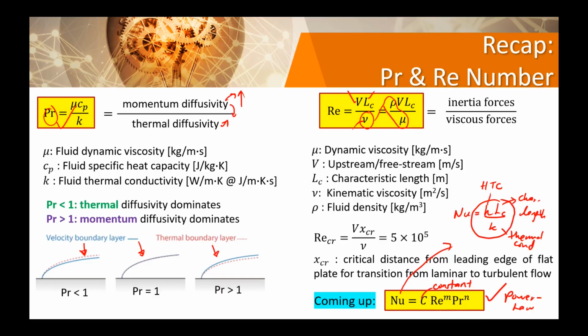Okay. Once you get the Nusselt number, you will be able to plug in the LC and the K to find H. And from H, you can plug it in into your Newton's law of cooling. Remember, Newton's law of cooling is HA Ts minus T infinity. That will be your heat transfer rate for convection.